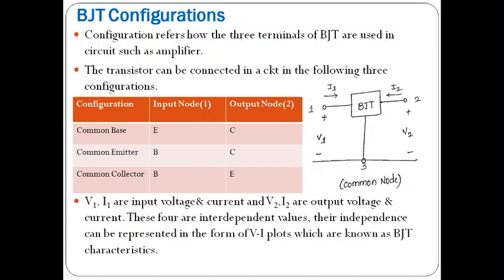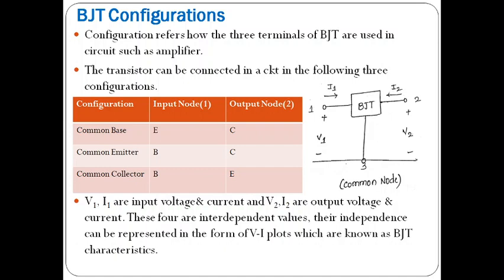And third, when you connect the collector at common node 3, with input node 1 as base and output node 2 as emitter, this configuration is called common collector configuration. So we can configure the BJT in three ways.